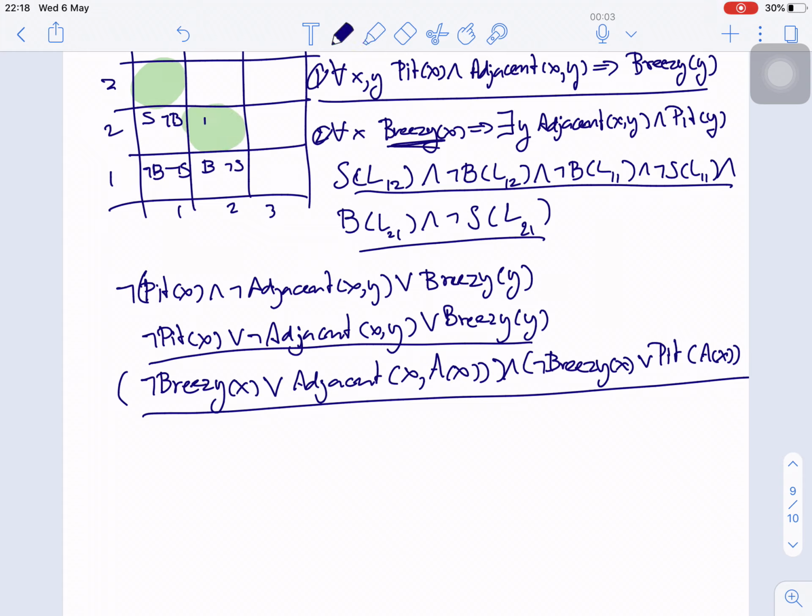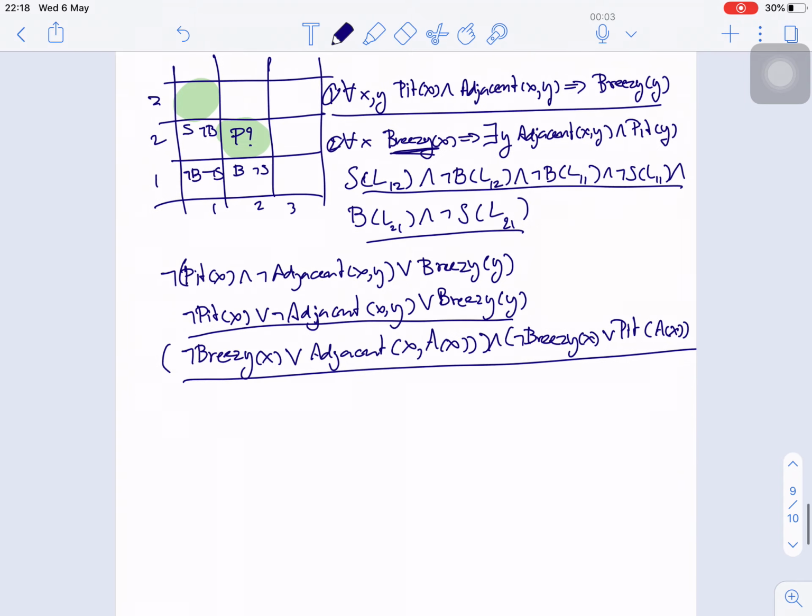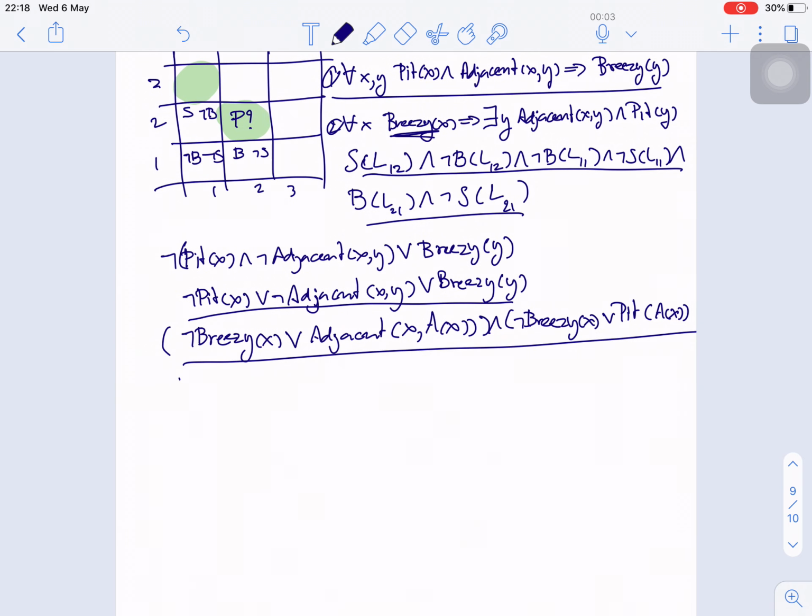For example, we would like to check whether this is a pit or not. So what we have to do is, again, we can do the resolution. But this time you must add the unification and the conjunctive normal form into your algorithm.